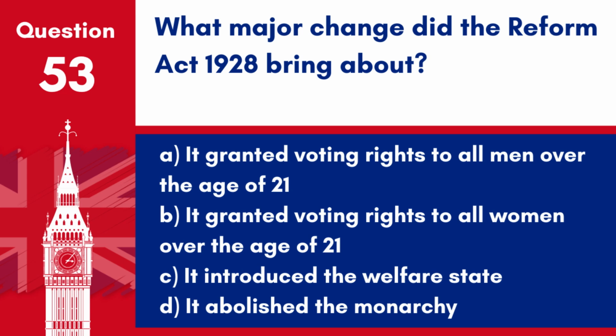Answer B. It granted voting rights to all women over the age of 21. The Representation of the People (Equal Franchise) Act 1928 equalized the voting age for men and women at 21, significantly expanding the electorate.